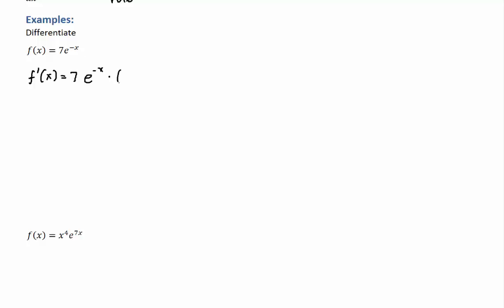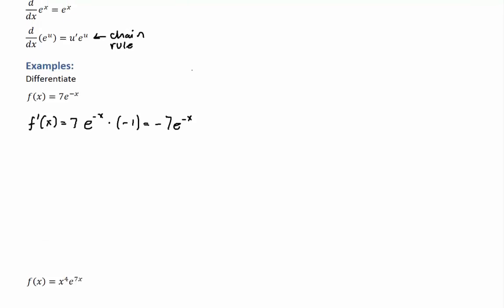And that derivative of the exponent is -1. And you get -7 e to negative x. So let me go back to my expression here for the chain rule. The derivative of the exponential is the exponential itself, so you don't change anything at all for e to the u, times the derivative of the exponent. So let's try that in another example.